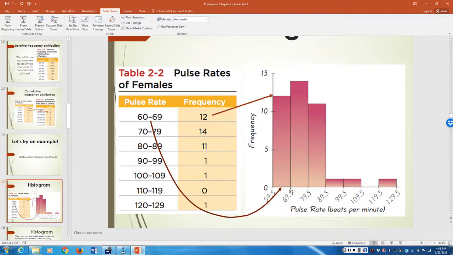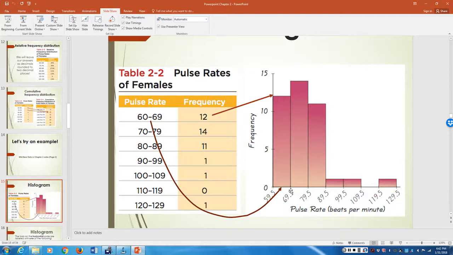A histogram is for numerical or quantitative data. Numbers have a tendency to be right up against one another. 31, the next obvious number is 32, but there's a whole bunch of little decimal values in between 31 and 32. So there's numbers in between there, and for that reason, the bars actually touch.